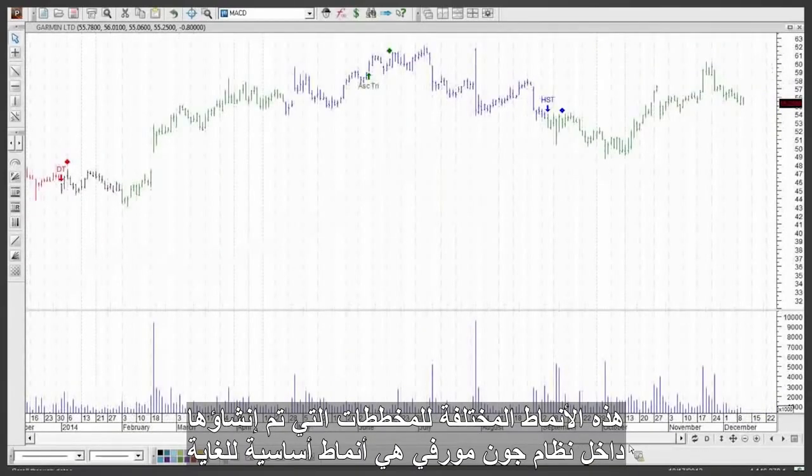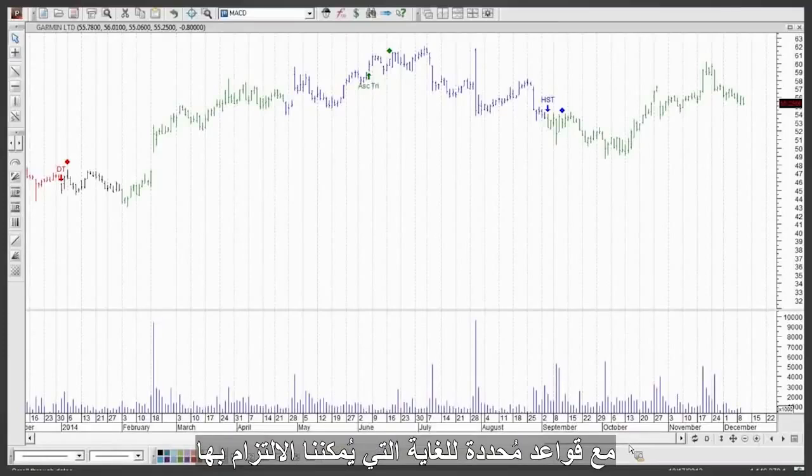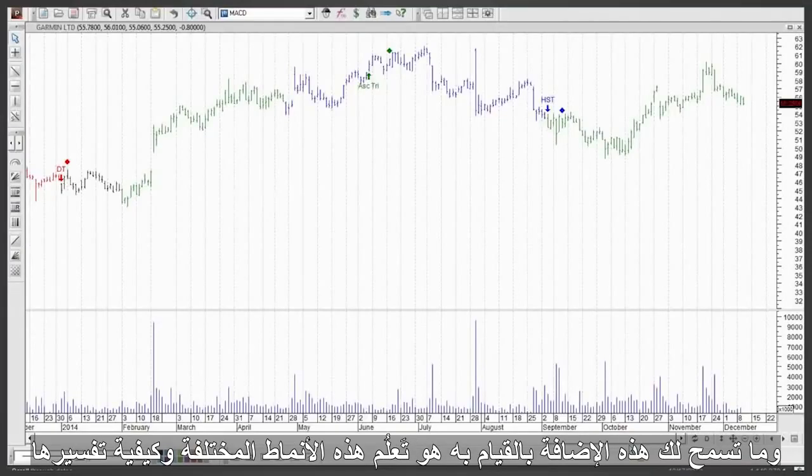These different chart patterns that are established within John Murphy's system are very basic patterns with very significant rules that we can adhere by. And what this add-on allows you to do is learn these different patterns and how to interpret these different patterns.